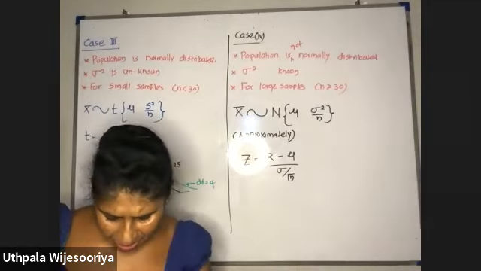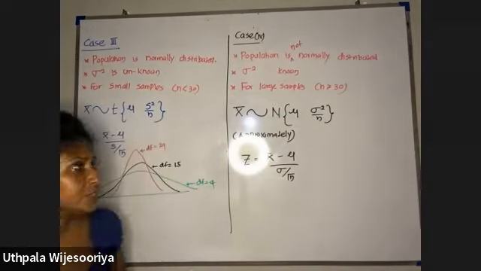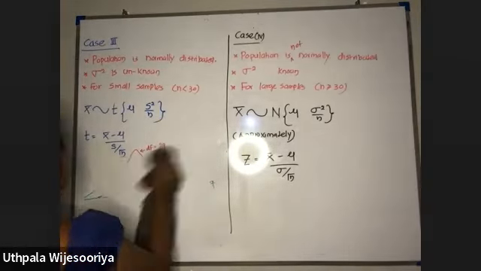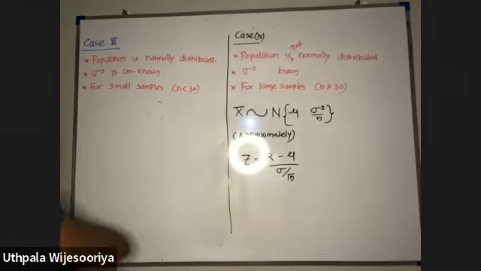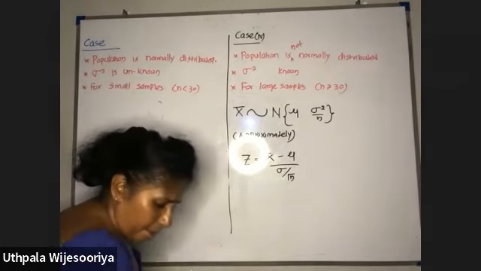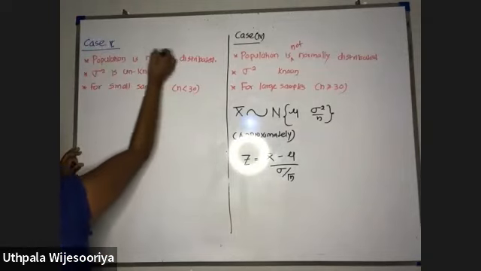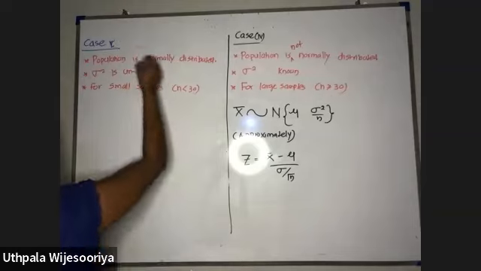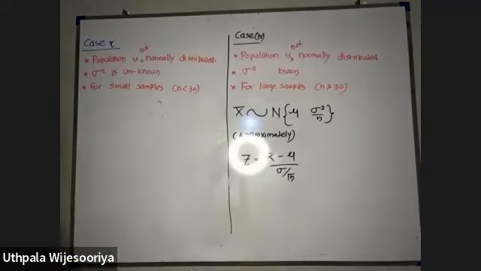So what is our last one? The final case, case number 5. The population is not normally distributed, but sigma square is unknown.